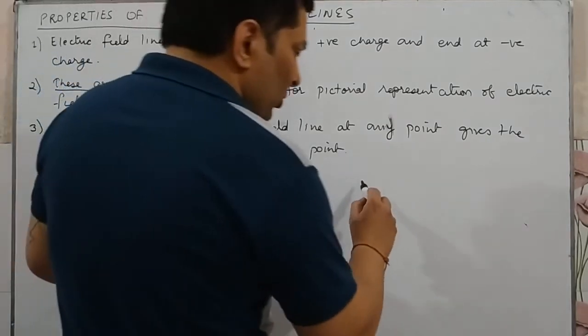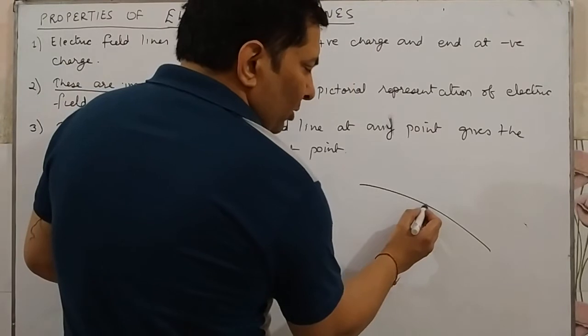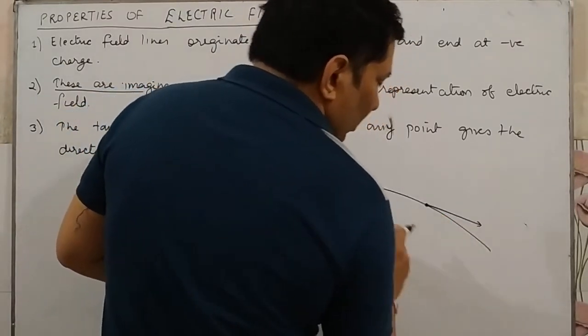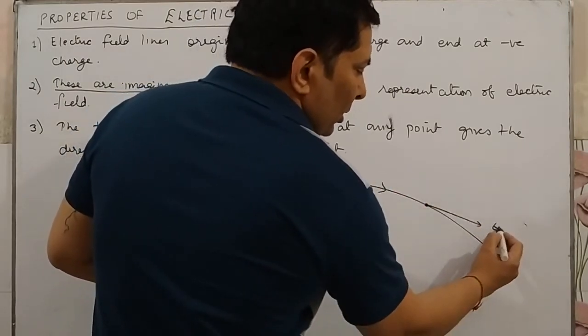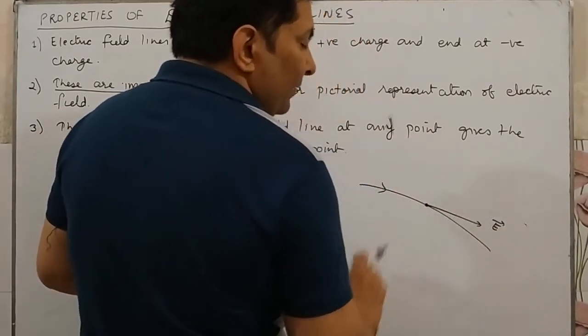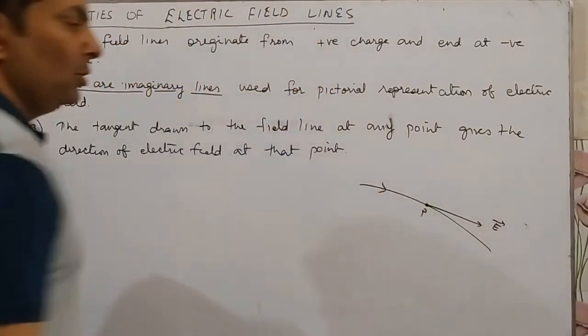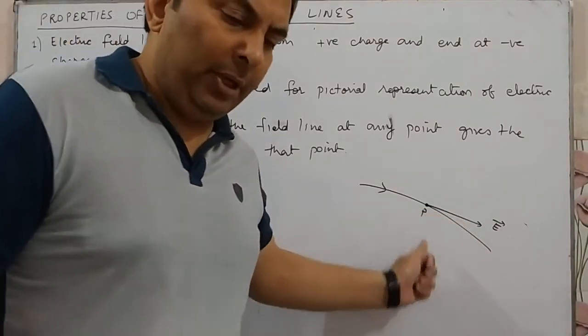How? Suppose this is an electric field line. I want to know the direction of the electric field at this point, so I simply draw a tangent here. This tangent gives the direction of the electric field at this point. Let it be point P.